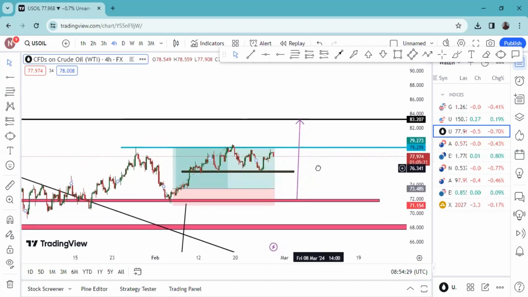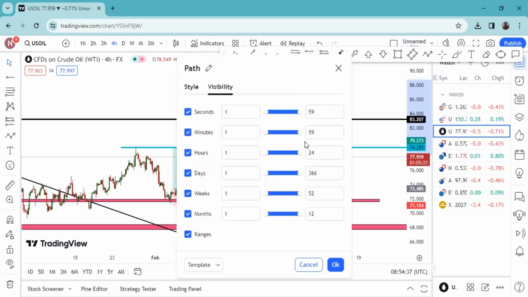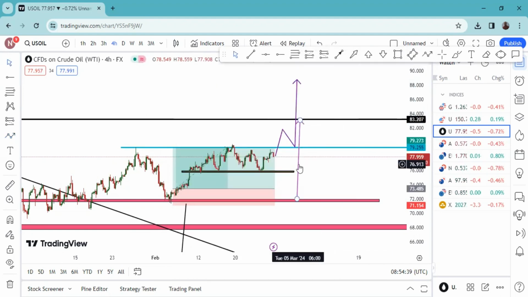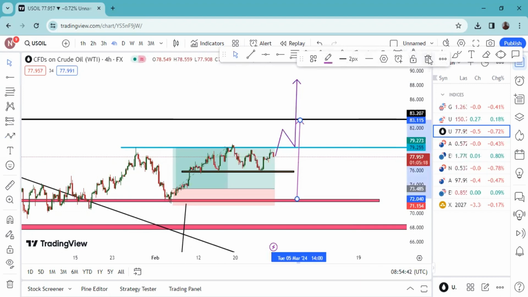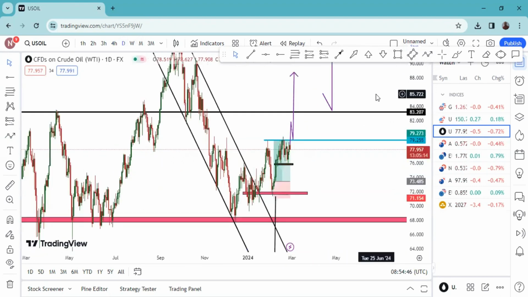But still, what I'm expecting is that if this market could come again and retest, I can continue with my previous bias on US oil. This is US oil.